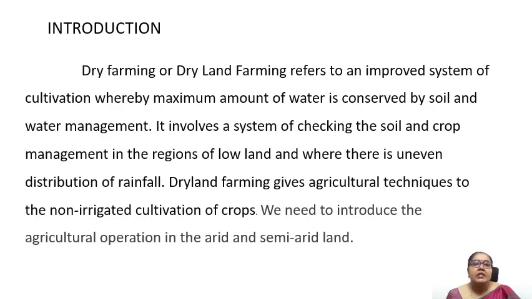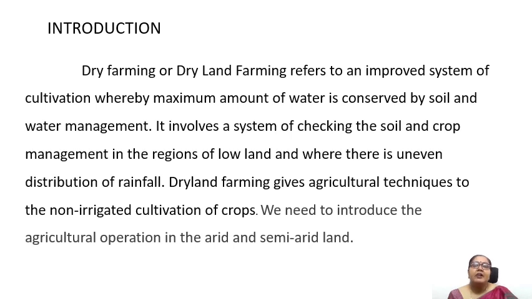So when we discuss dryland farming, what exactly is dryland farming? Basically we're discussing agriculture, and agriculture is trying to grow crops in your normal soils. So here we are discussing the soil pattern, which is a very dry soil, or where the water availability is very less.